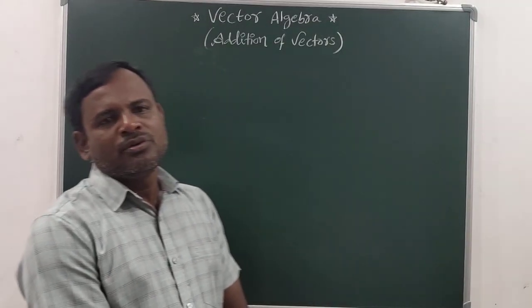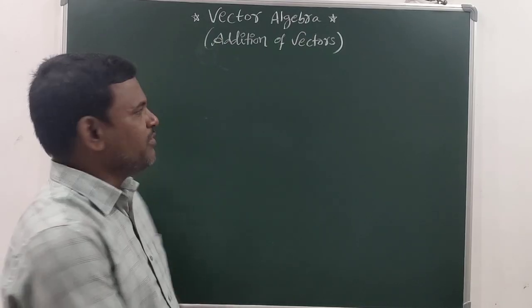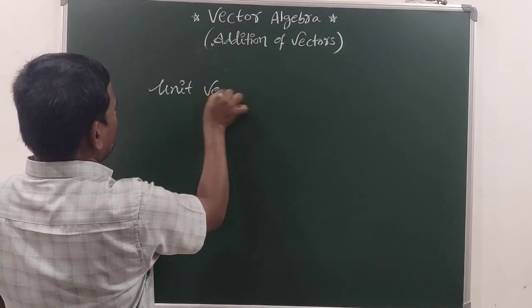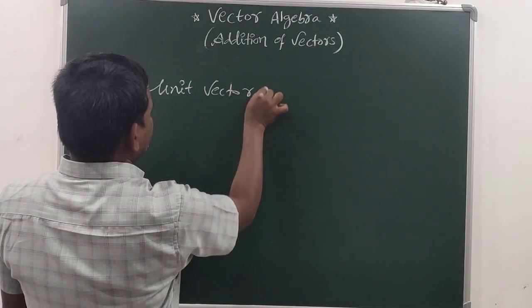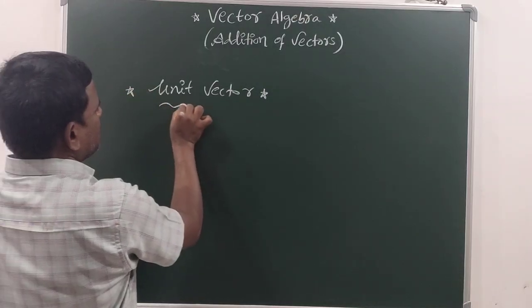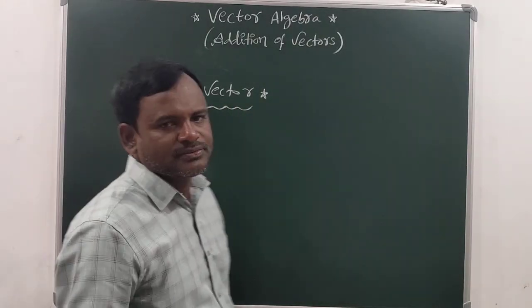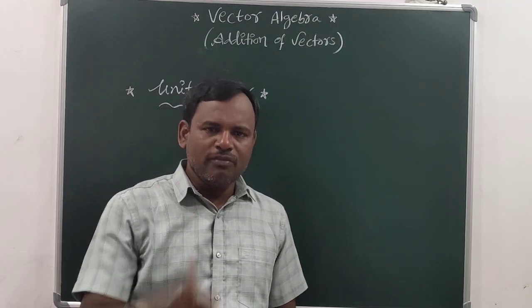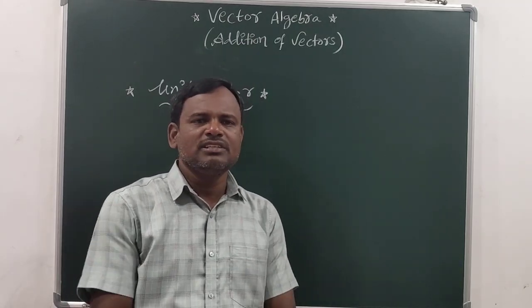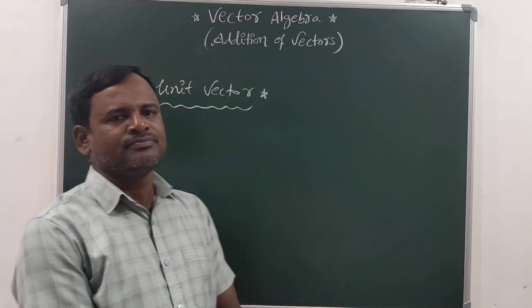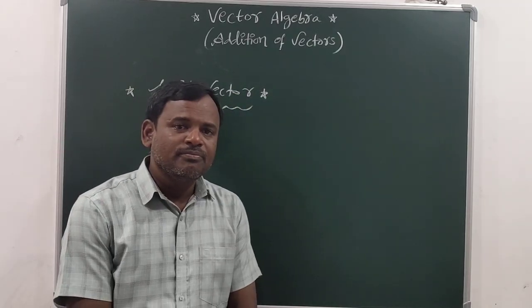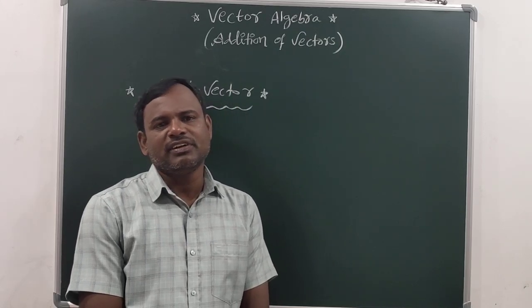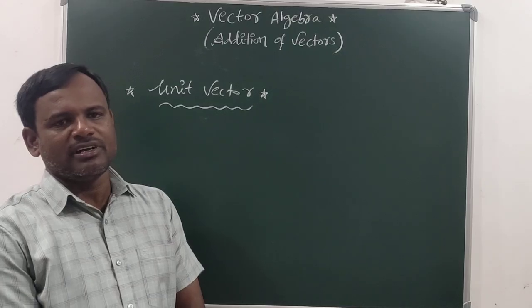Now let us learn a unit vector. See, these are types of vectors. A vector, if it has magnitude 1, then such a vector is known as a unit vector. Have you got it? If a vector has magnitude 1, then such a vector is known as a unit vector.